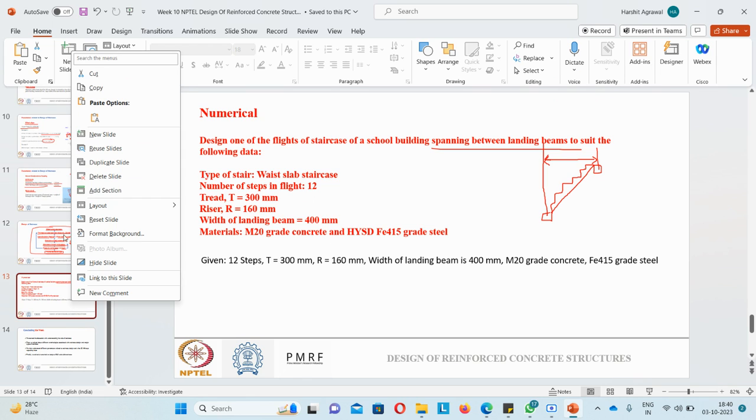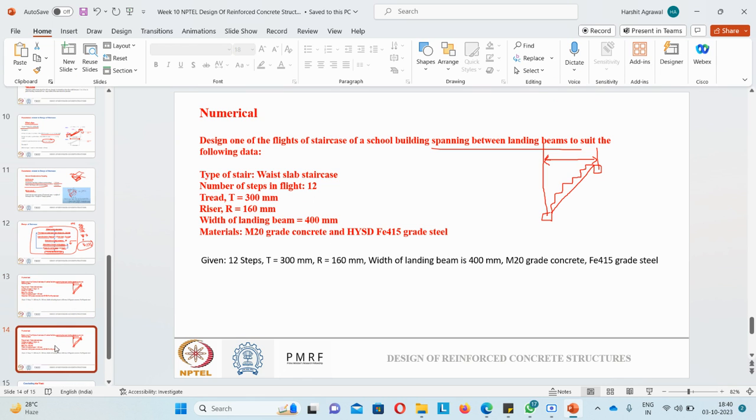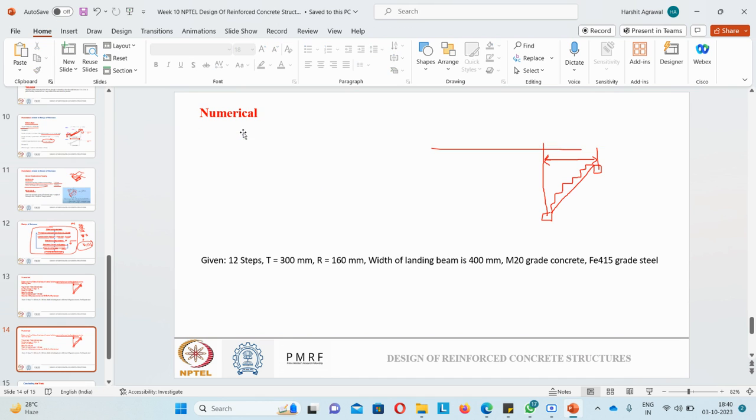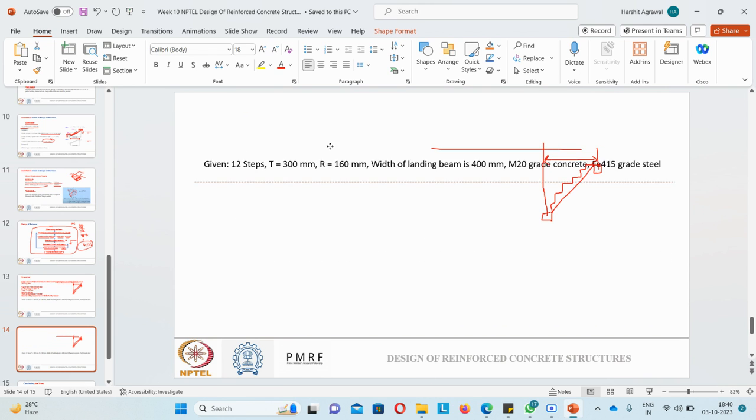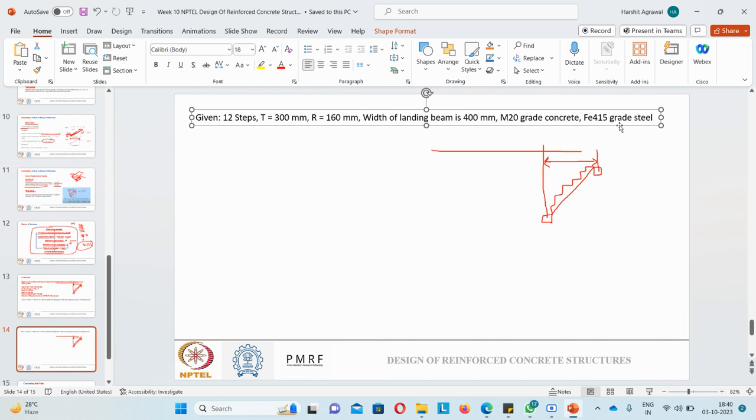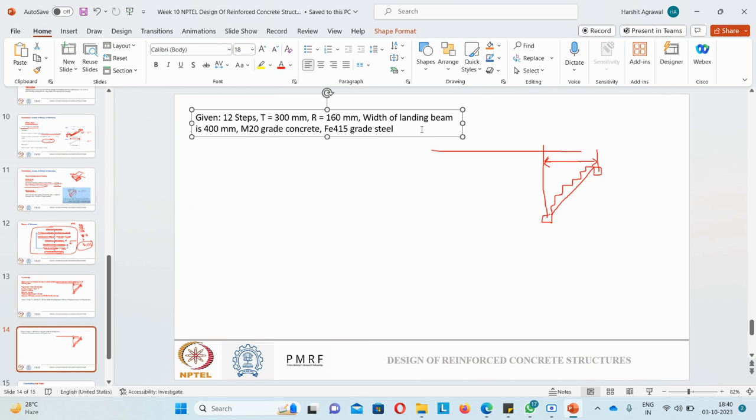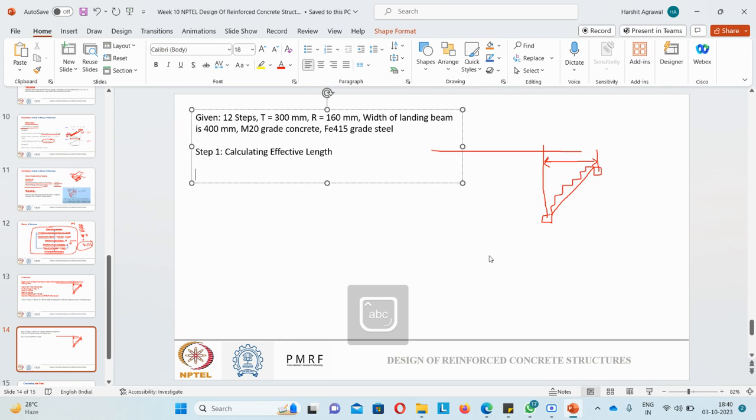So I will take a new slide, just removing this part. So this is the data that I know. So step 1 is calculating effective length. My effective length will be the center to center distance between the beams.